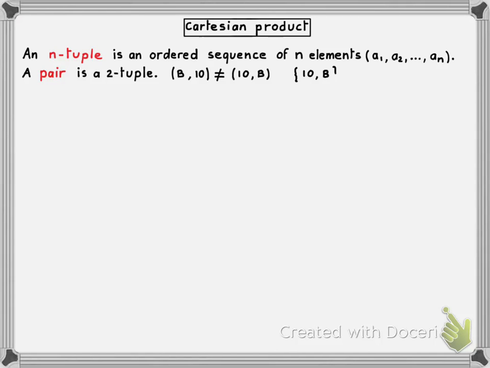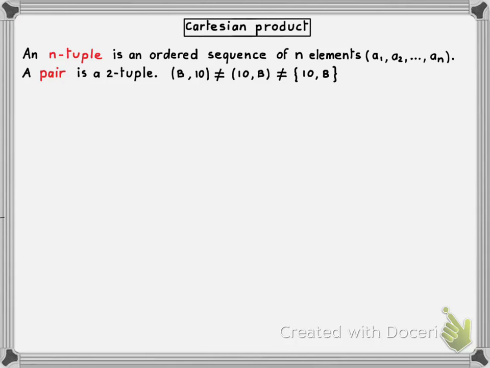And also remember that the set 10 comma b, indicated here by braces, is definitely not the same as either one of these pairs because a set is not a pair. Please keep that in mind. So in a tuple, the elements are identified by their position in the tuple or in the sequence.